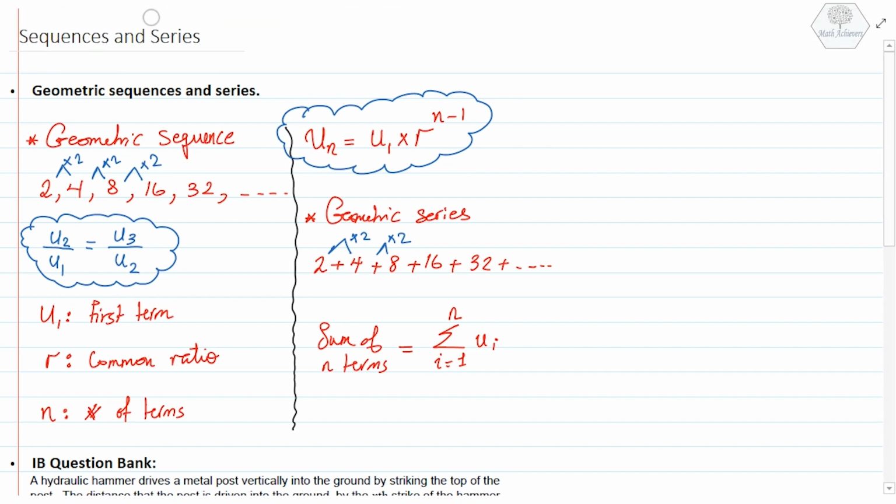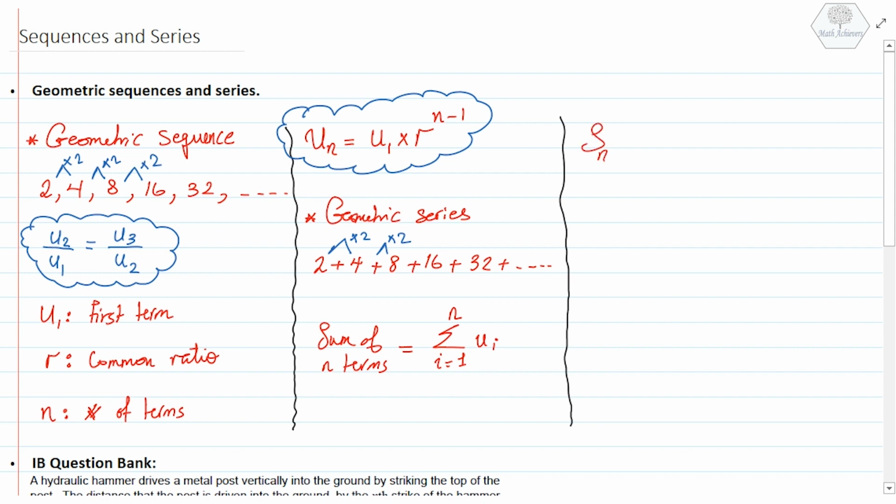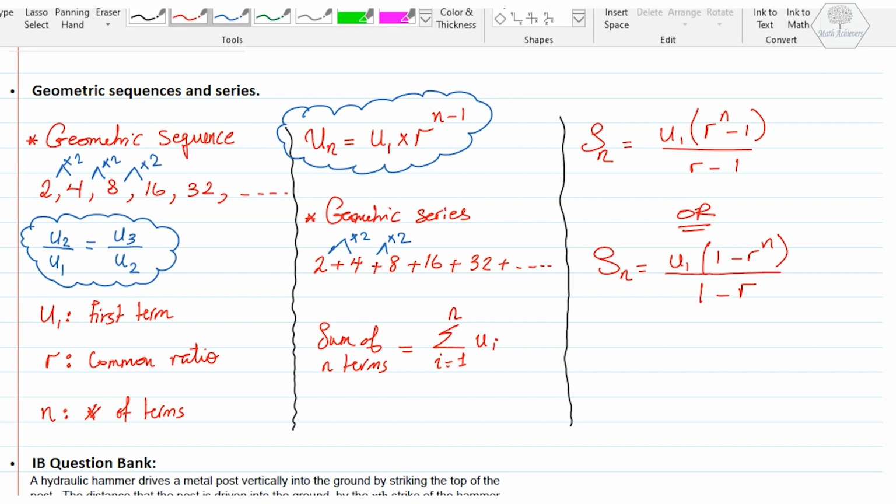Now, the formula used to find the sum of n terms is: the sum of n terms equals U1 times R to the power of N minus 1 over R minus 1, or we can use the sum of n terms equals U1 times 1 minus R to the power of N over 1 minus R. Both formulas will give you the same result.